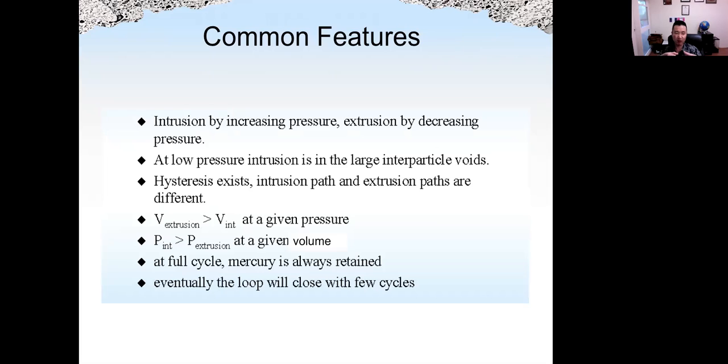Some of the pores have a bottleneck shape, such as a container, so the opening of the pore is narrower than the remaining diameter of the pore. That's the main reason we have the difference between the intrusion and extrusion curves. But eventually the loop will close with small cycles.